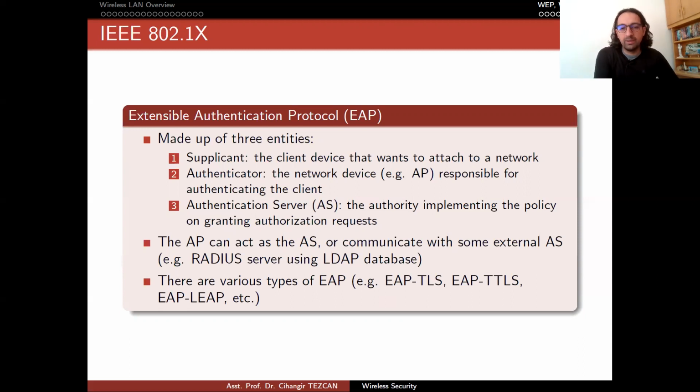There are various types of EAP: EAP-TLS, EAP-TTLS, EAP-LEAP, and so on. But if I'm not mistaken, in our university we are using EAP-TTLS. Also, if you're using mail servers, you also have to provide encryption through that protocol.